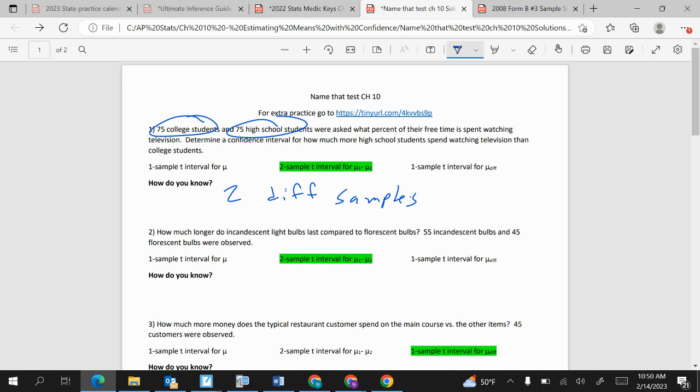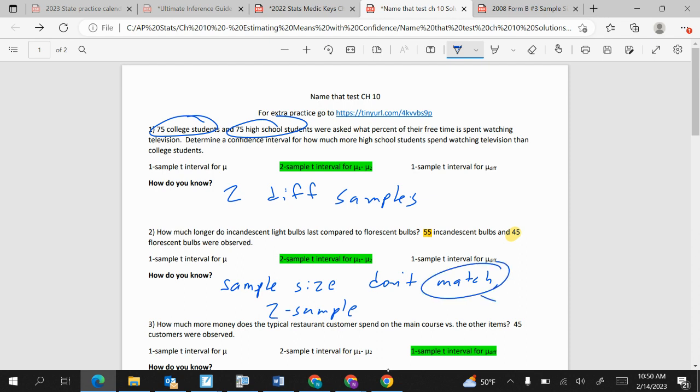Number 2, how much longer do incandescent light bulbs last compared to fluorescent light bulbs? 55 incandescent light bulbs and 45 fluorescent bulbs were observed. The nice thing about this is if the sample sizes don't match, it's going to be a two sample, right?